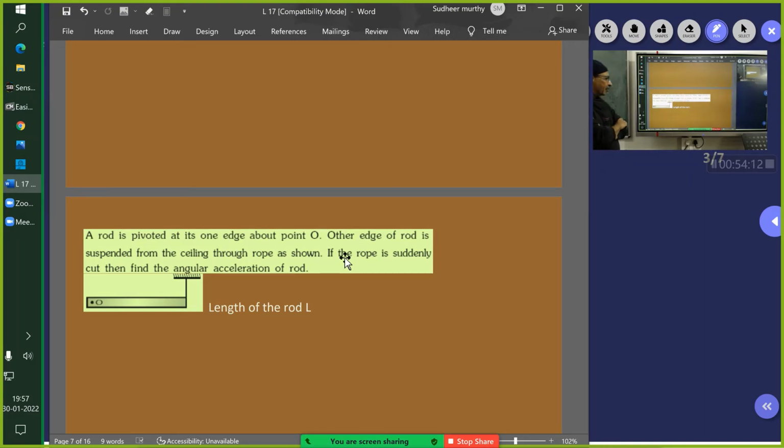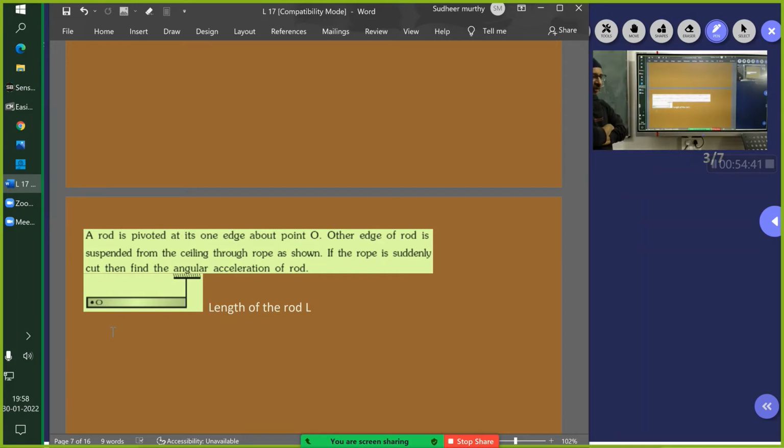The rod is pivoted at one edge about a point O, and the other end is suspended from the ceiling by a rope. If the rope is suddenly cut, find the angular acceleration of the rod. Remember, it is pivoted here. I suppose all of you know what a pivot is. See, it is like this. Something is holding it, so that if this end is cut, it will simply fall like this.